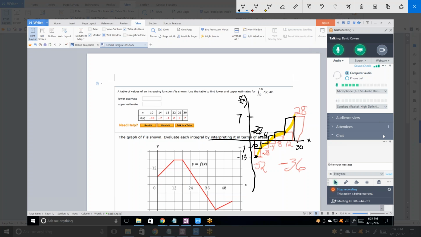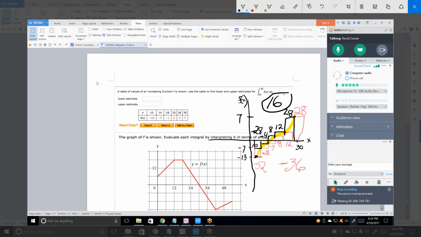This one's in positive territory. That's 2 times 4, so that's 8. This one is 4 times 3, that's 12. And this one is 4 times 7, that's plus 28. Now the 28s again cancel, but now I got a net of 16.